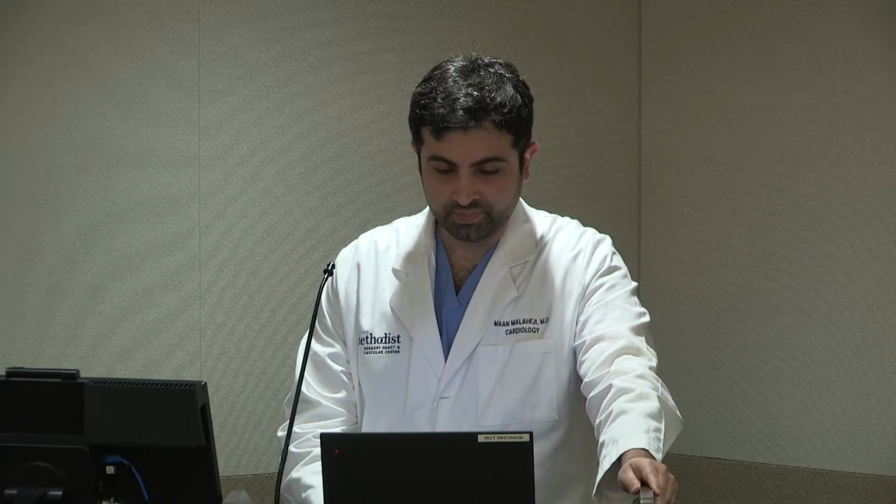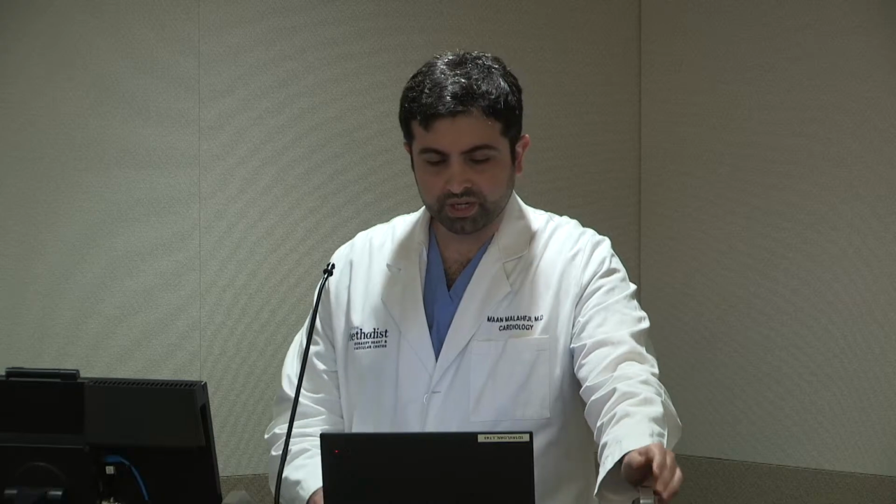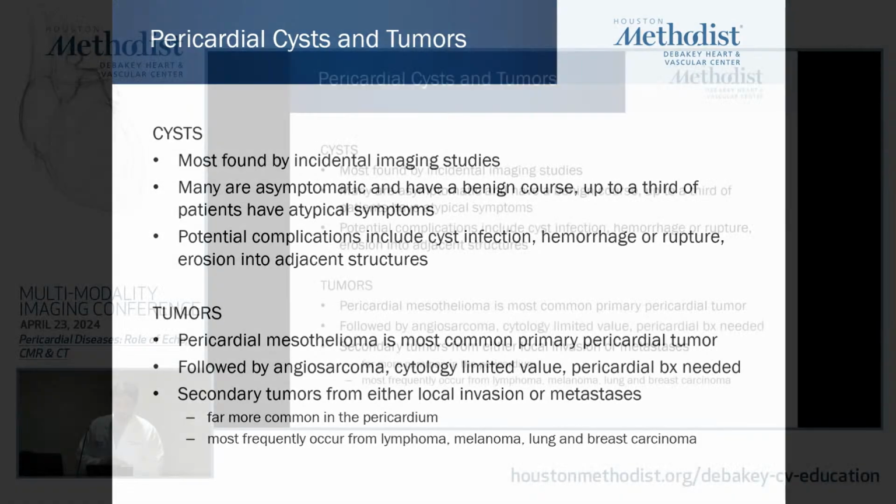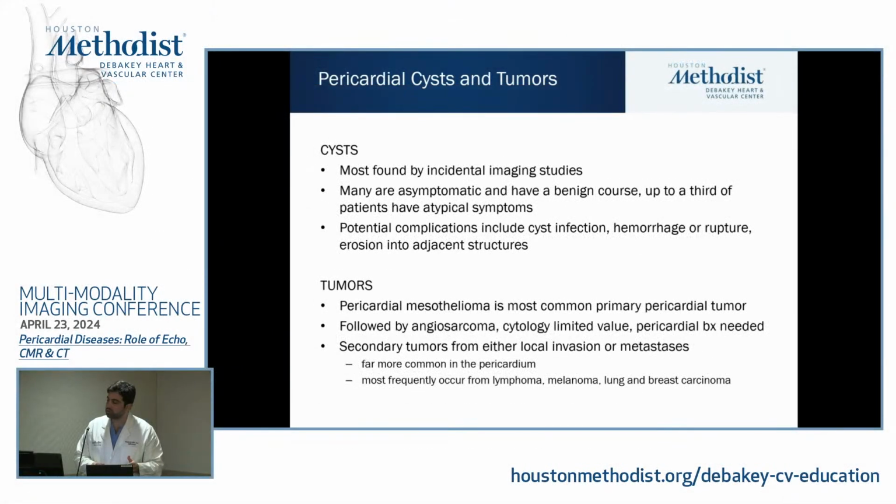Yeah, I agree. Okay, so pericardial cysts, most often incidental, vast majority are case reports, really. Cyst infection, hemorrhage, and rupture can occur. In someone who you are truly convinced is symptomatic, you may consider referring them to surgery, and make sure you verify that it's truly a cyst by CT or MRI.